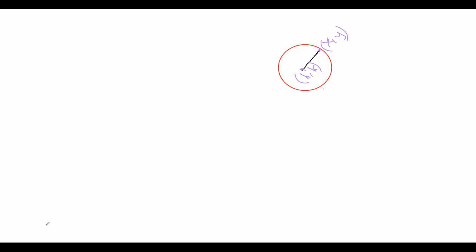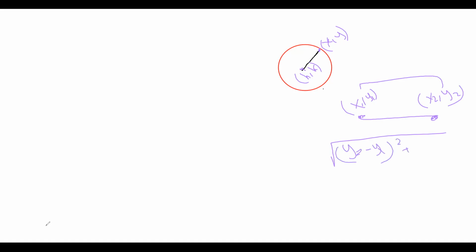As we said before, if we have this line and you want to find the distance for this line, what did you say? If this is (x1, y1) and this is (x2, y2), and you want to find the distance between these two coordinates, you will say the difference of y squared plus the difference of x squared.